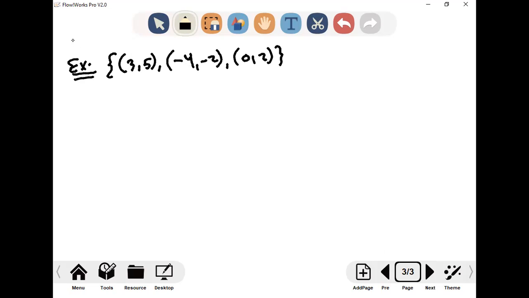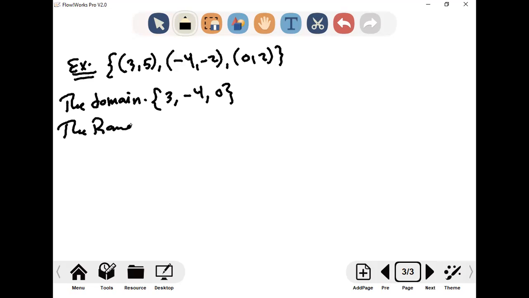I can find the domain. The domain is the set of the numbers 3, -4 and 0, the x's. The range is the set of all numbers 5, -2 and 2, the y's, right? Now I can know the domain, I can know the range.